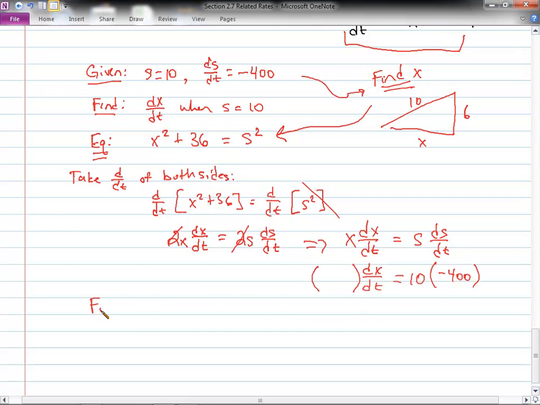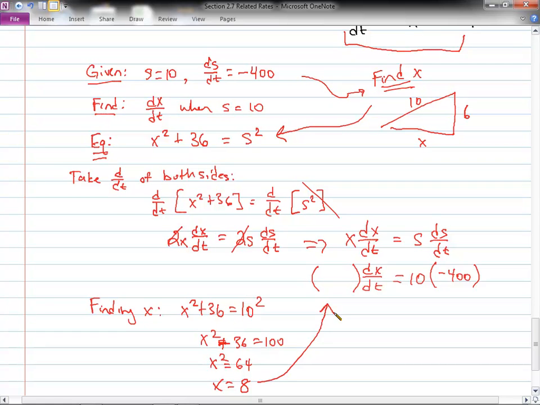So finding x, we plug in x squared plus 36 equals 10 squared, which gives me x squared plus 36 equals 100. So x squared is equal to 64. So x is 8. That's where the occasion might arise where you're not given one of the values, you have to find it. You have to use the information given in the problem to figure it out.